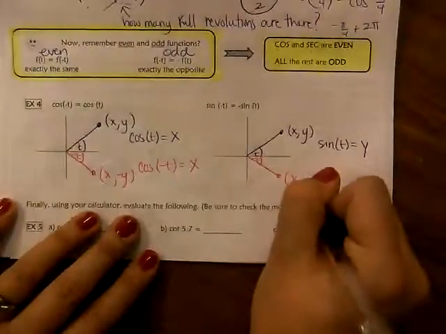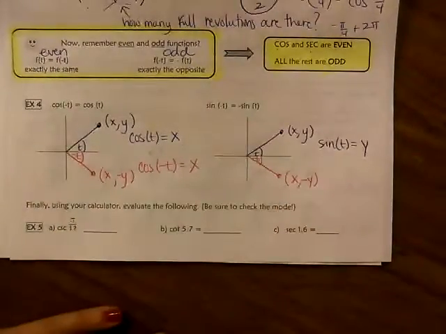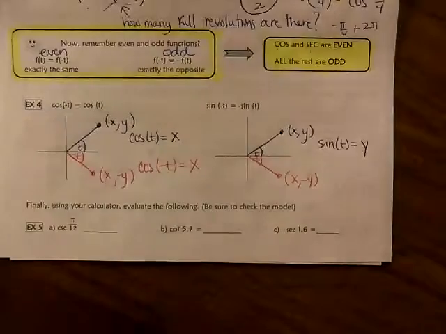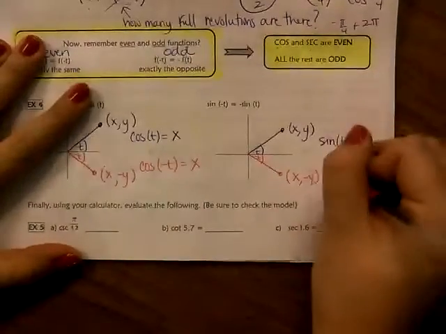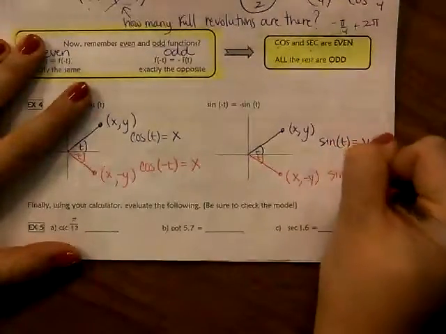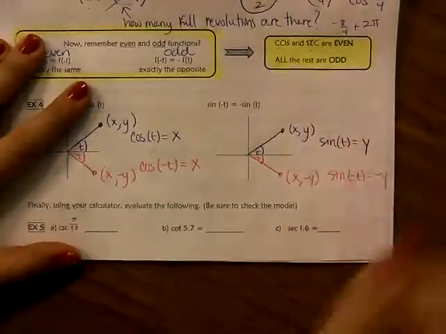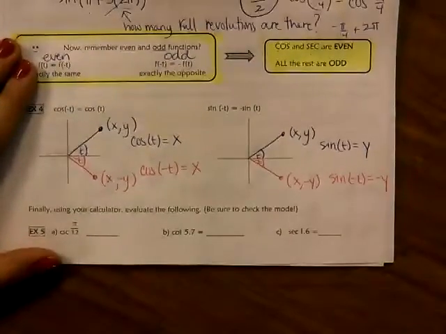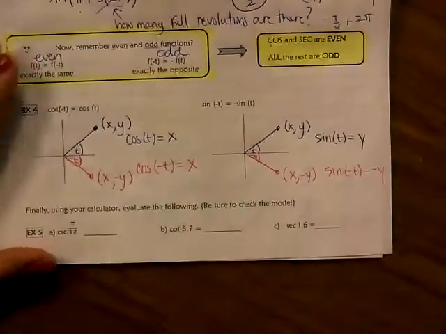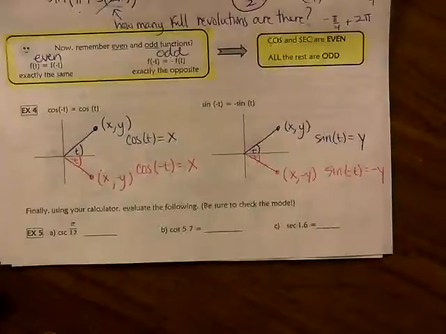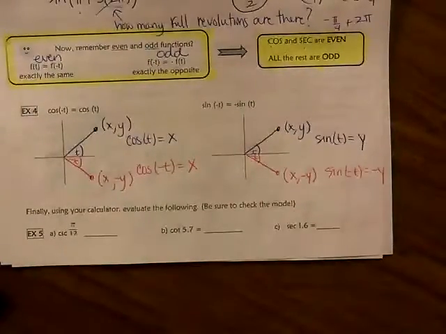I get x, negative y. Agree? Right? The rules of reflection say if you reflect it over the x-axis, then the sign of y will change. So then doesn't that mean that the sine of a negative t is negative y? And isn't that the exact opposite of what I originally got? Making this an odd function.